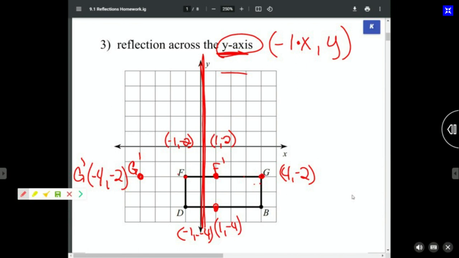But the x is going to have a different sign. And my B prime. Make sure this is on your paper or in your notes. Across y. X times -1, y stays the same.